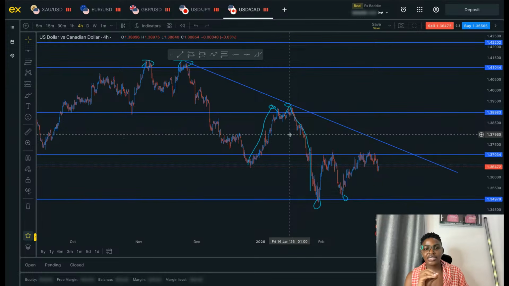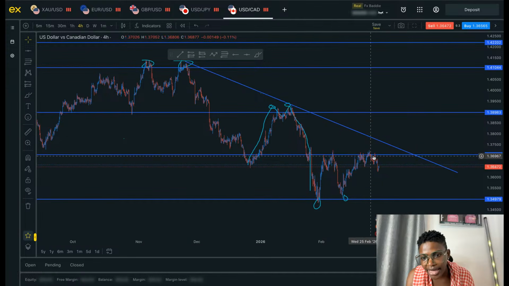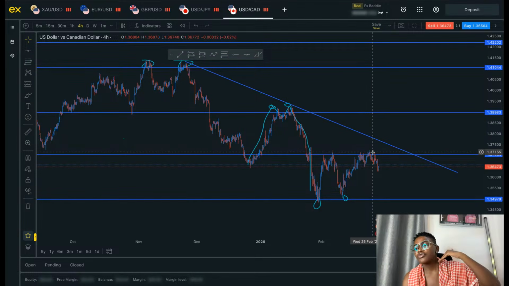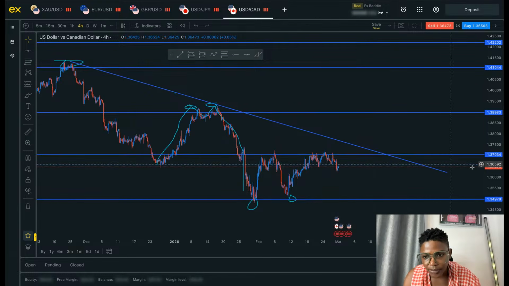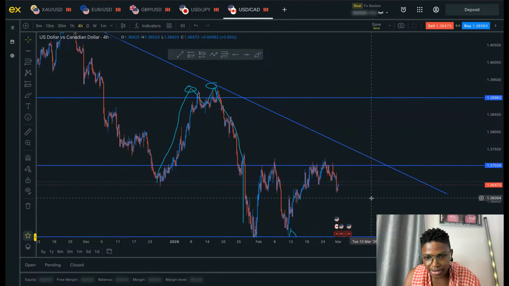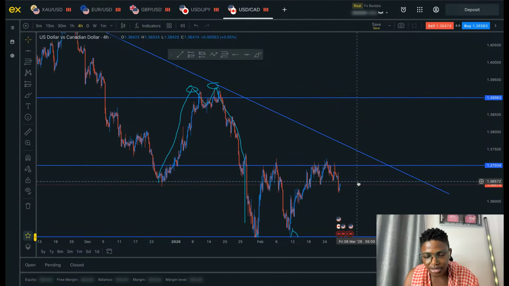We can still see that USD is still dropping, and this is a resistance level. Price got to a resistance level and cannot easily break it. Remember, at the resistance level, we look for sell opportunities. So you can see that USD CAD on the 4 hours is dropping.